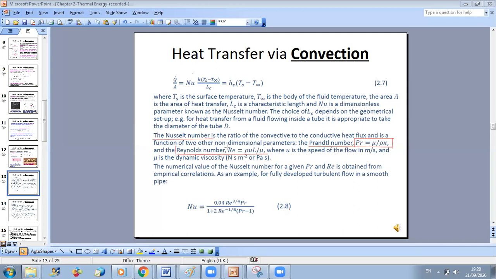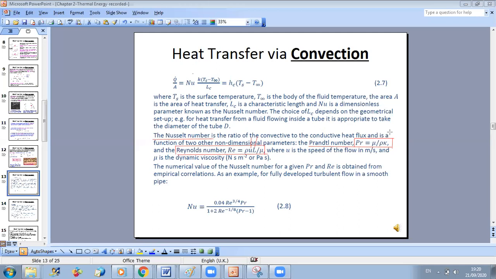The Reynolds number is equal to rho of the fluid times the velocity of the fluid times the characteristic length of the geometry. So here, as you can see, Reynolds not only includes the velocity effect, but also the geometry. So in the Reynolds number, you introduce the effect of velocity and the effect of the geometry of your tube. So Reynolds is rho U L over mu.